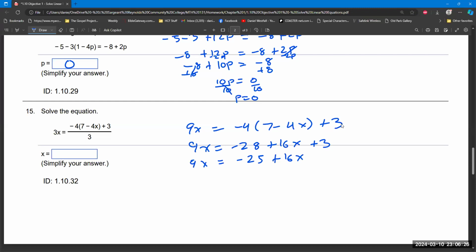And let's subtract 16x from both sides. And this is negative 7x equals negative 25. Divide by negative 7, and x equals 25 over 7.